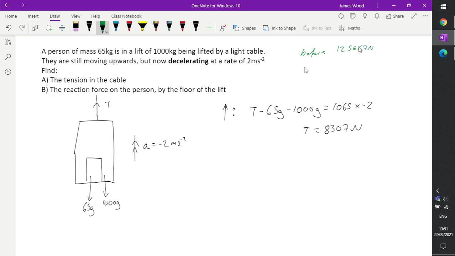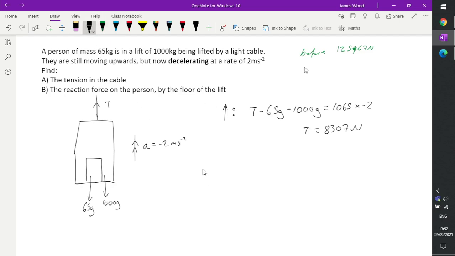So you can see that this is a lot lower value because it's not having to not only lift it and accelerate it, which takes lots of force. It's just got to basically lift it upwards, but it doesn't have to do any extra effort in actually making it accelerate upwards. Okay, so we require a lot less force upwards.